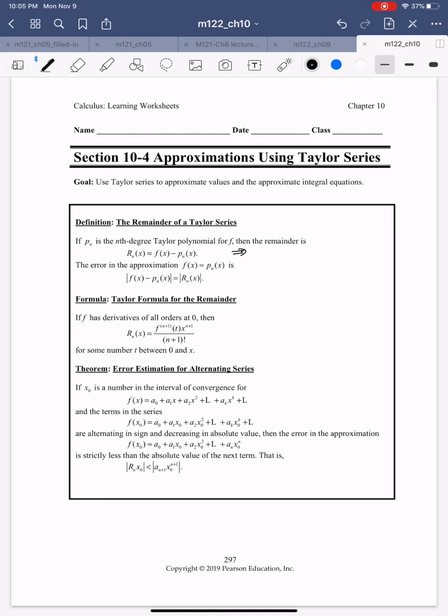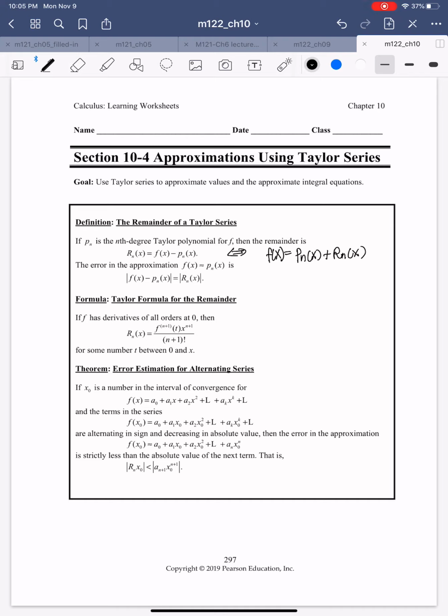If I add p of x to each side, then you can think of the actual function as the Taylor polynomial plus the remainder part. Either one is okay. The error, that 1.25 versus 1.28, can be found by simply subtracting and then taking the absolute value to keep it positive.